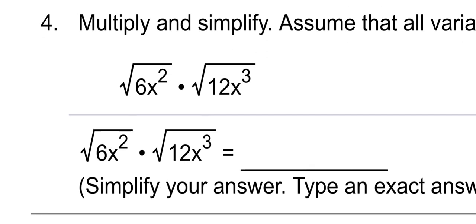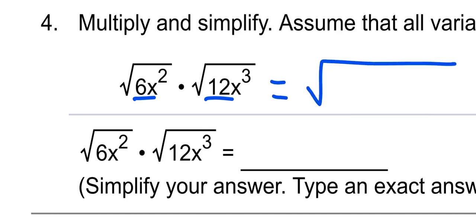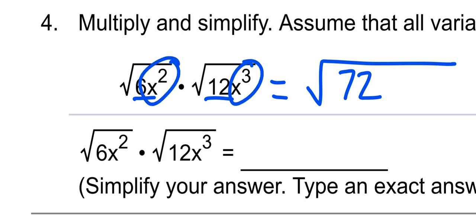Now here I'm going to have to put them together. Right? What's 6 times 12? You're not taking notes. This is ridiculous. 72. And then if I've got this x and I put them together, what do I get? X to the 5th.